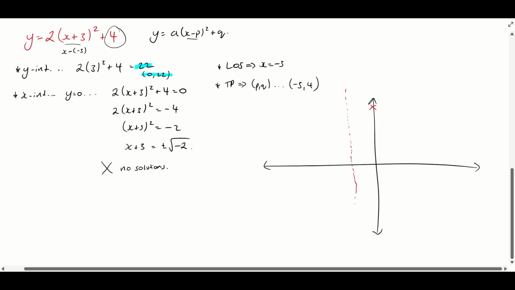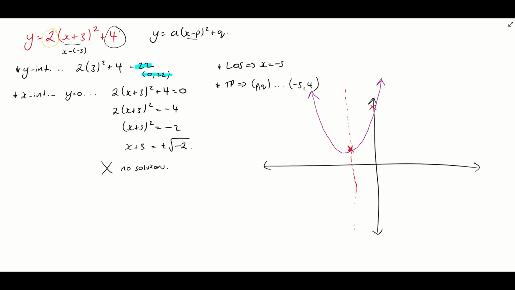And our turning point has to lie on our line of symmetry at positive 4, so we're actually sat like that. And this is a smiley face quadratic, so it's going to look something like this. We can see there that we've got no roots. So that's graphically what that's going to look like.